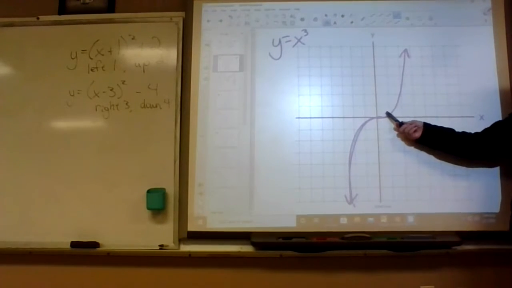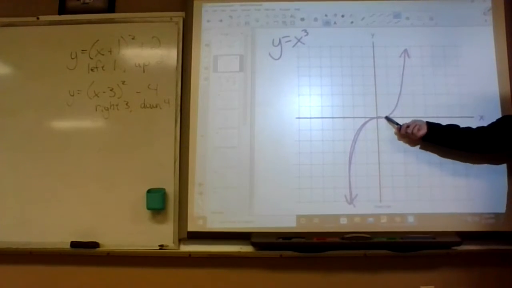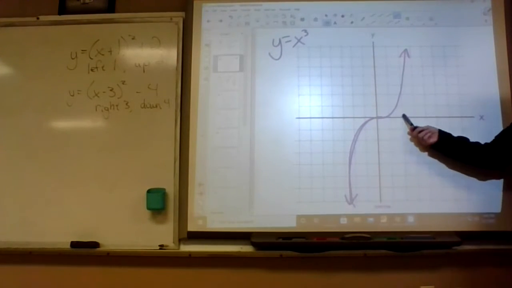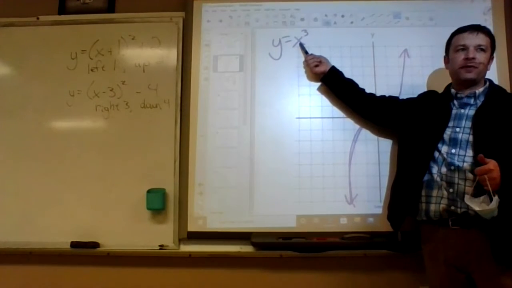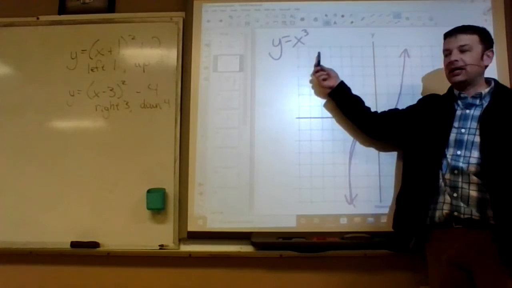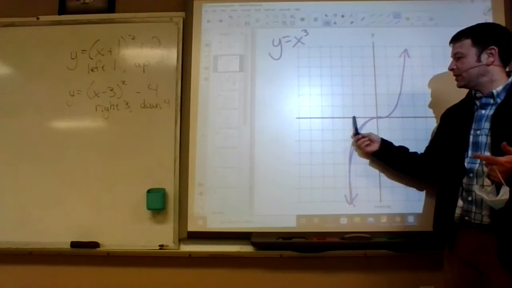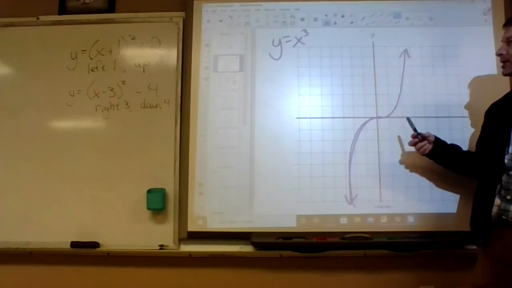When you plug positive numbers into x cubed, you get bigger than the parabolas, right? When you plug in positive x values, you get big positive numbers. If I cube a negative, what do I get? Negative. So if I plug in negative x values, I get big negatives. So that's the shape it takes.